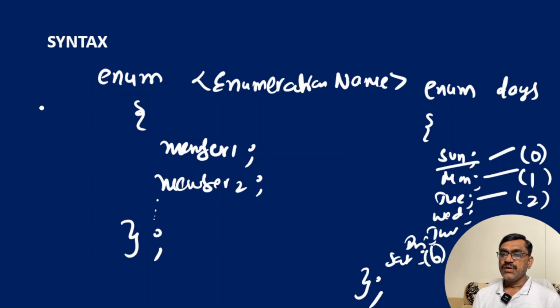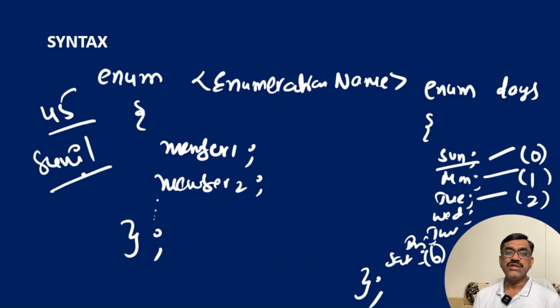For example, roll number 45, instead of calling roll number 45, better to give the name for this student, assume that Sunil. So better to call the name Sunil instead of calling the roll number 45. It is very easy to remember the names. So that's why we are assigning the names for the integer values or integral constants. This is the main use of using enumeration data type.